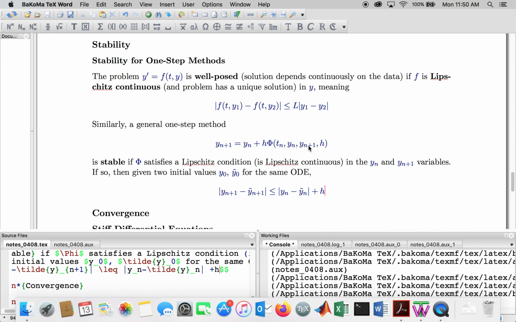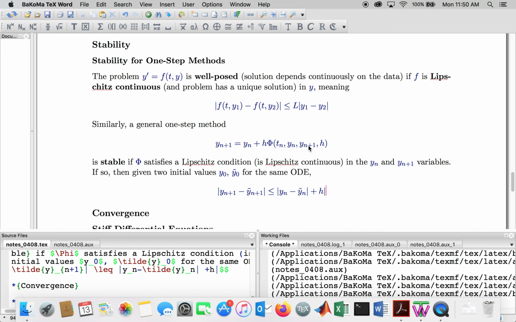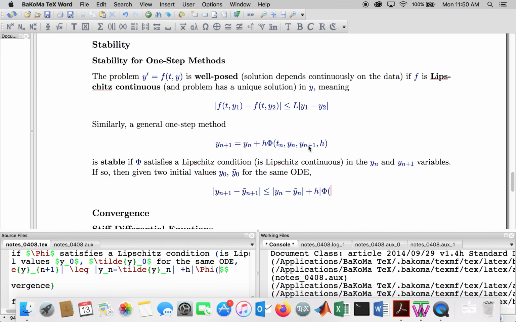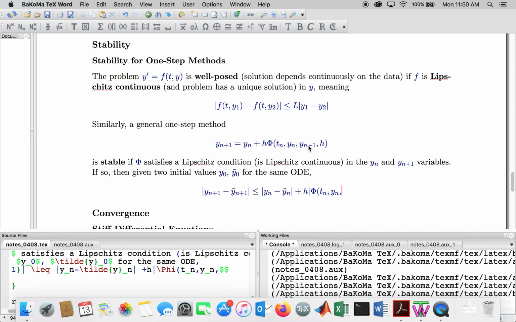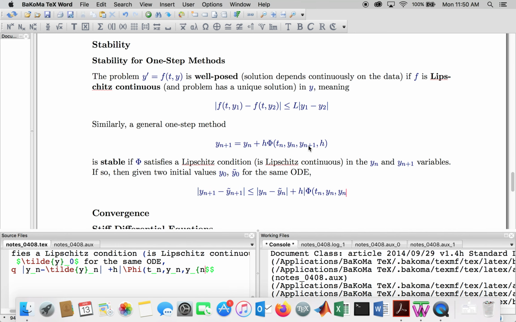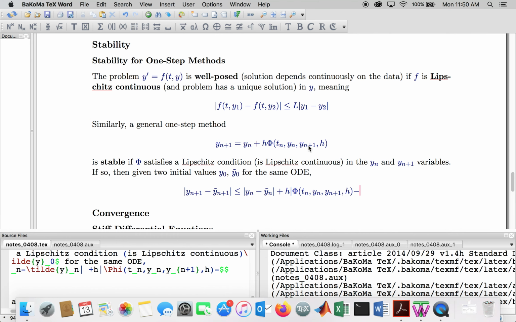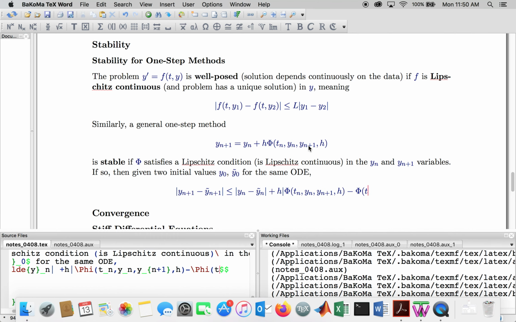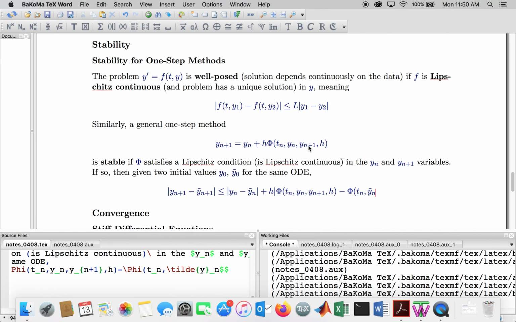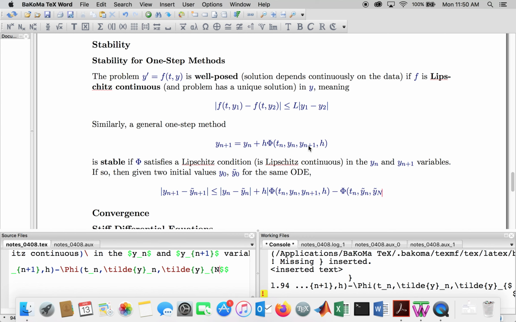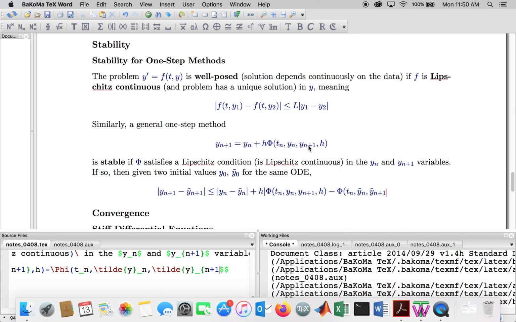So what that's going to give us is phi of t n, y n, y n plus 1, h minus phi of t n, tilde y n, tilde y n plus 1, h.